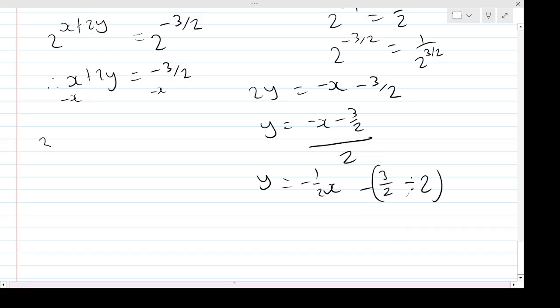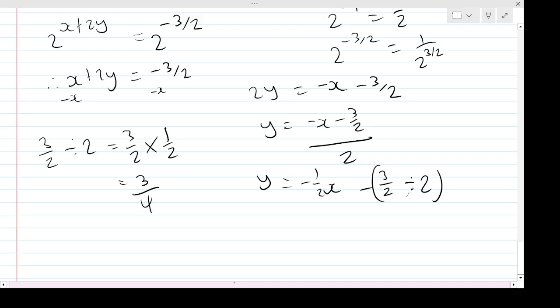I'm going to do that over here actually: 3 over 2 divided by 2. Well, if you remember KFC, that's keep the first fraction, change the sign, and flip the second fraction. So flip 2, take the reciprocal, to 1 over 2. But then if you times across, you get 3 over 4.